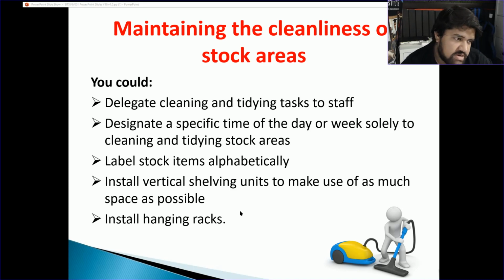We want to be putting things in a correct way. We don't want to put heavy stuff on the top and light stuff on the bottom. We want to make sure everything that's bigger in size is at the bottom, smaller at the top. So we're making sure all those things apply. Okay, making sure everything's labeled properly, it looks clean, it doesn't have any rodents. Okay, things like that.